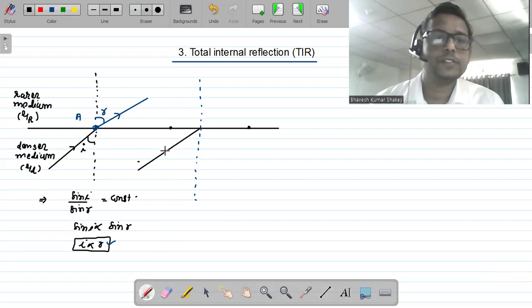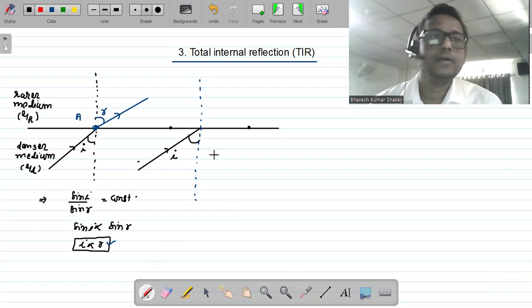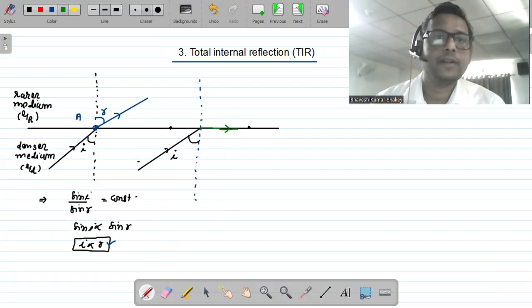So this is my incident ray, and this angle is i. I am increasing this angle i such that the angle of refraction, this is the refracted ray, and this is the angle of refraction, becomes 90 degrees.